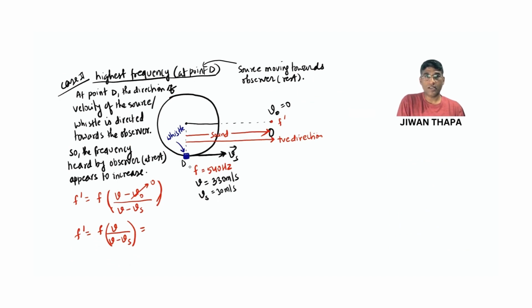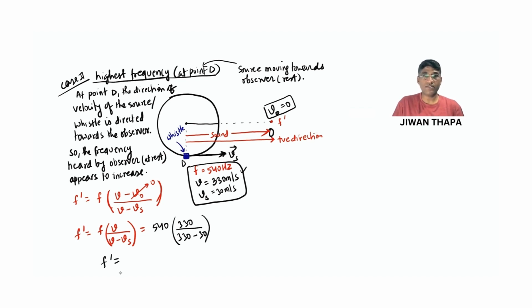So we get f is 540 and v is 330, divided by 330 minus 30.